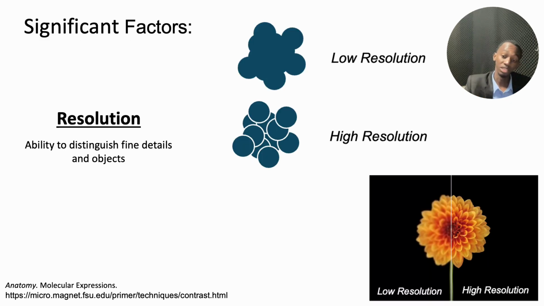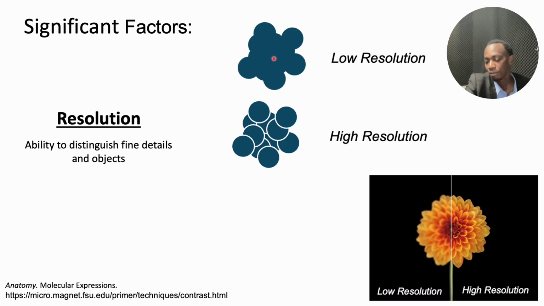The other factor, as I said, is resolution. Resolution is the ability to distinguish fine details of an object. You can think of it as how sharp neighboring pixels appear. This is a very high resolution image. You can tell apart all the neighboring objects very clearly, while this one is a very low resolution image because it all looks like one subject.